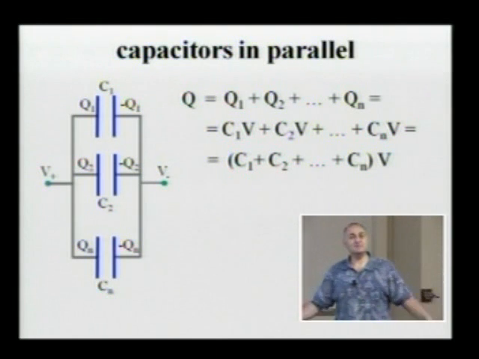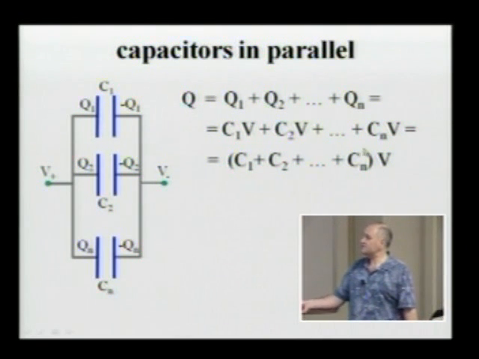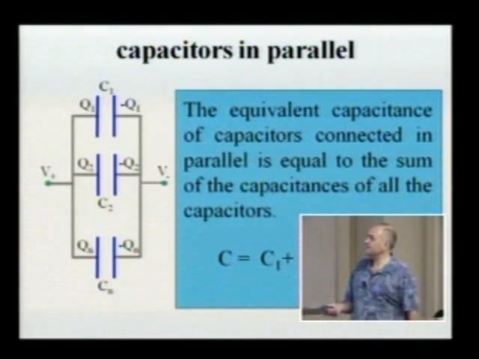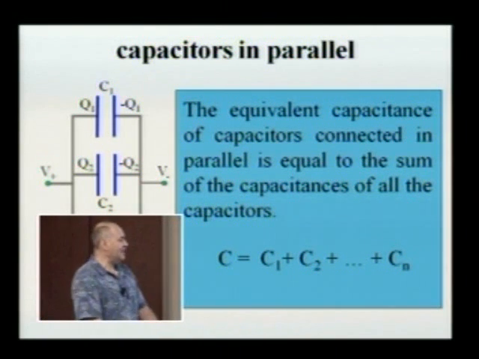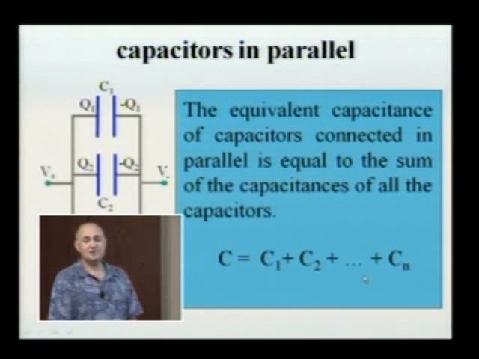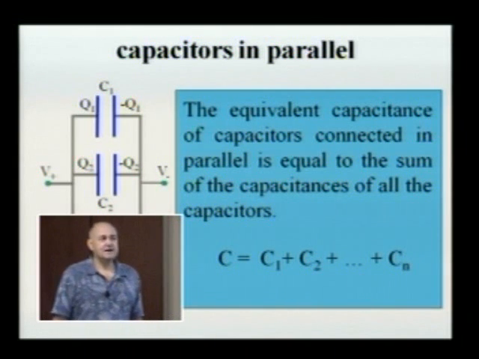The system. Very good. So we found out that this coefficient is the capacitance of the entire system. So in summary, if I connect all capacitors in parallel, they will behave like a single capacitor, and the capacitance of that system is going to be equal to the sum of capacitances of individual capacitors.